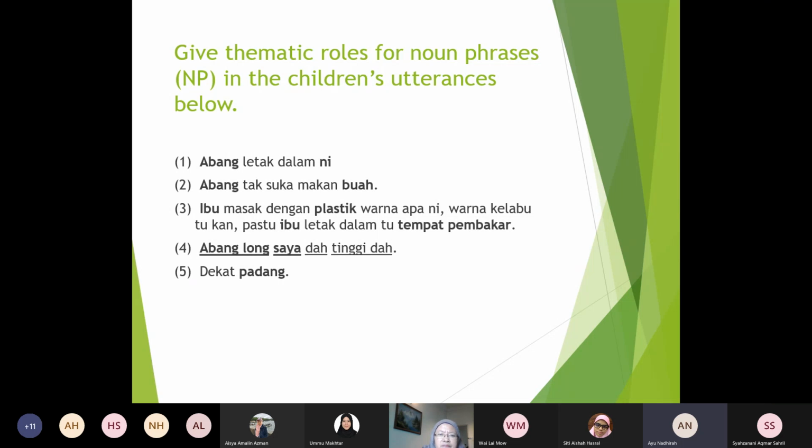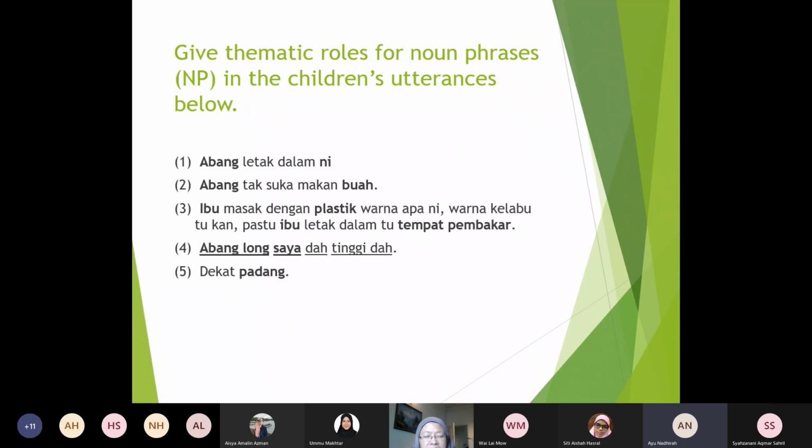So plastik tadi is what you kata alat? Yes. Alat, lepas tu ibu is agent, lepas tu tempat pembakar is location. Alright. Plastik tu je lah.